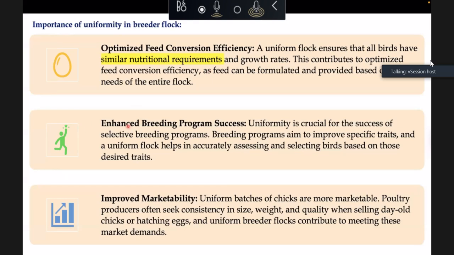Then enhanced breeding program success is also related to the flock uniformity.